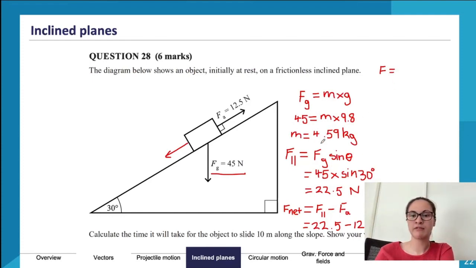Oh, we calculated that first. Sorry. Yeah, there it is. Carrying on.